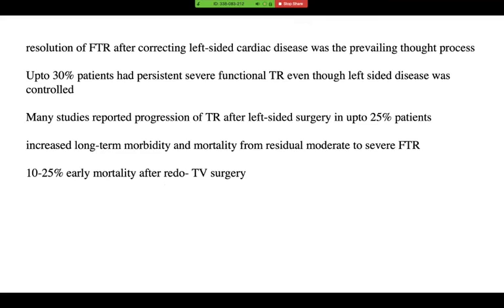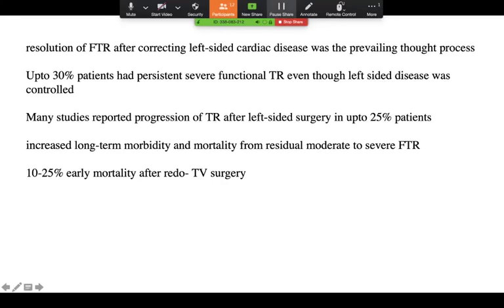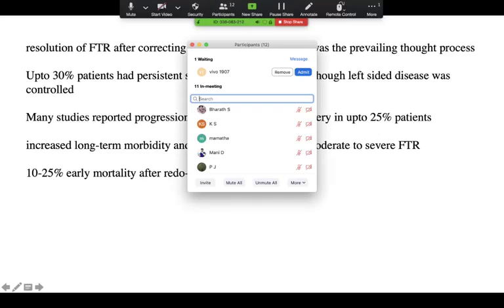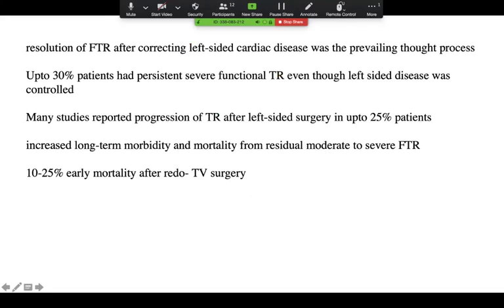Regarding the indications, we'll take an introduction of TV repair. Usually, functional TR used to resolve on its own after correcting the left-sided cardiac disease, such as if the patient has mitral stenosis or mitral regurgitation, or the patient has pulmonary vascular disease, which is causing back pressure to the right-sided tricuspid valve.